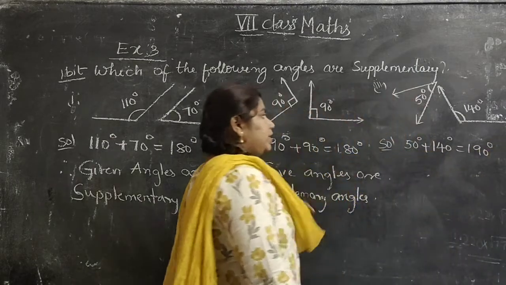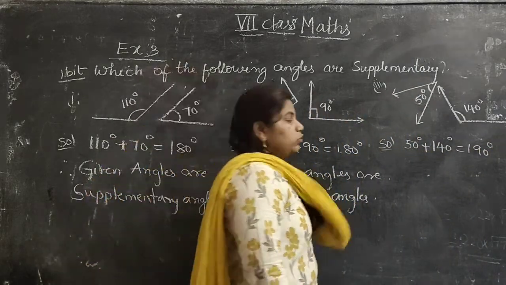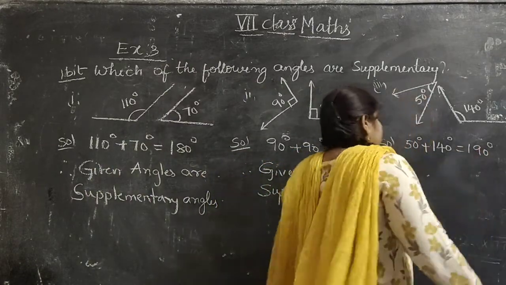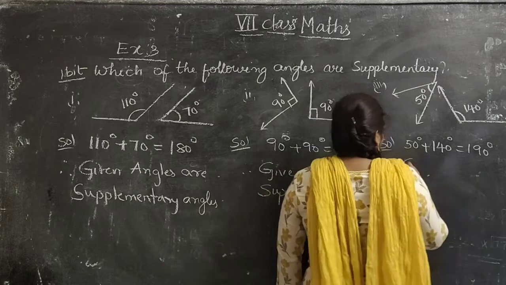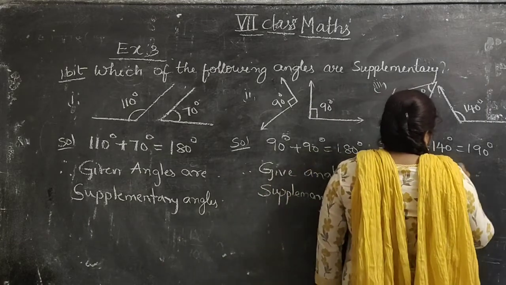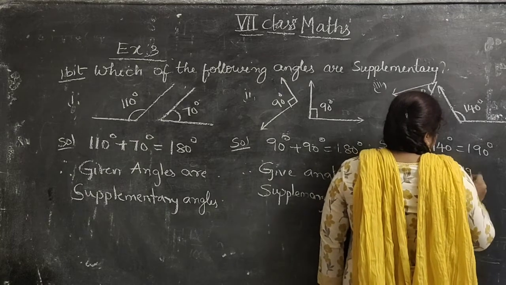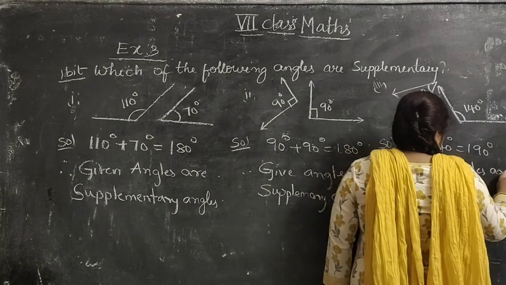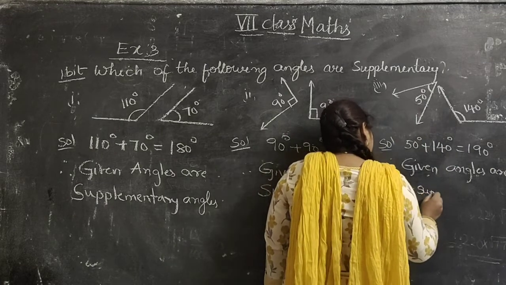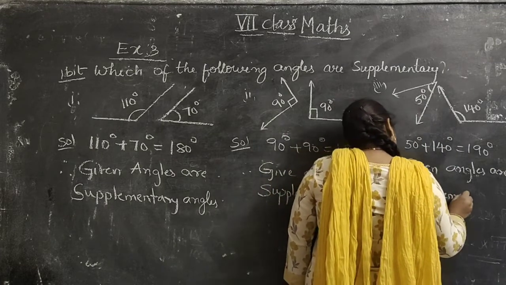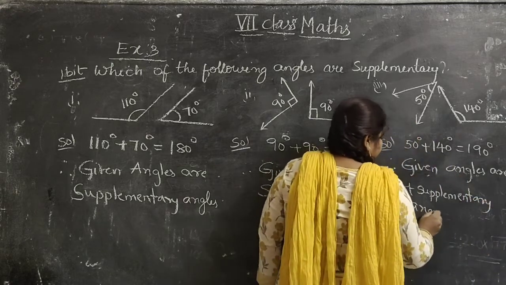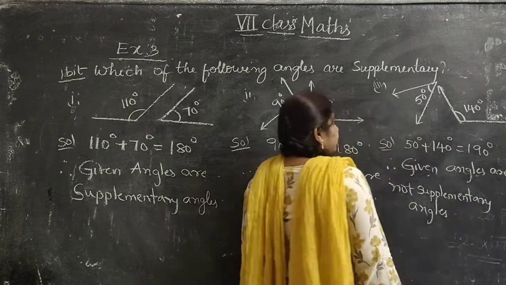But what is a supplementary angle? The sum of two angles should be equal to only 180, but it is 190. So they are not supplementary to each other. The given angles are not supplementary angles. So this is our first bit.